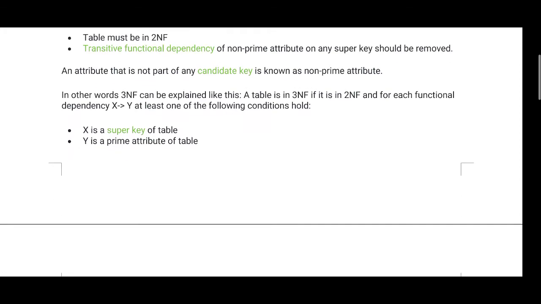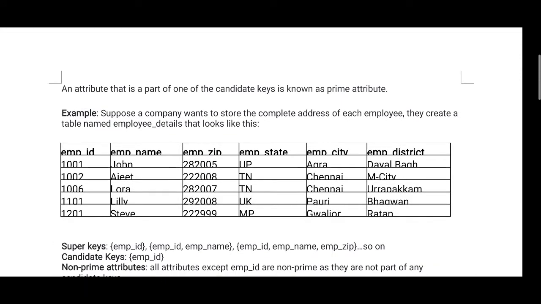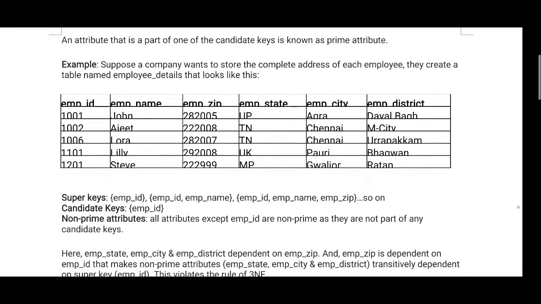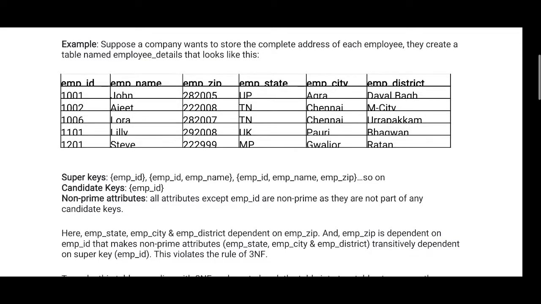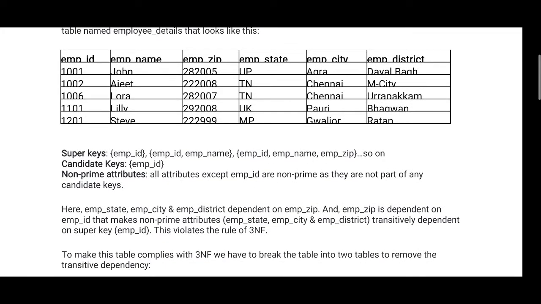Here we divide the table into three parts. Employee ID is the primary key of the above tables. The candidate key is employee ID. The non-prime attributes are all attributes except employee ID.